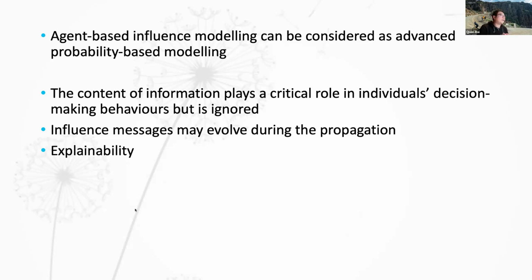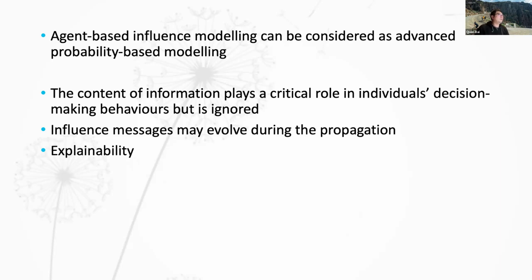So one thing that is missing is that in the real world, we always read some message and try to understand it, and then modify the message and post it, or send it away to our friends. But in the agent-based modeling I just introduced, the content of information has been ignored, though it actually plays a very critical role in individuals' decision making.